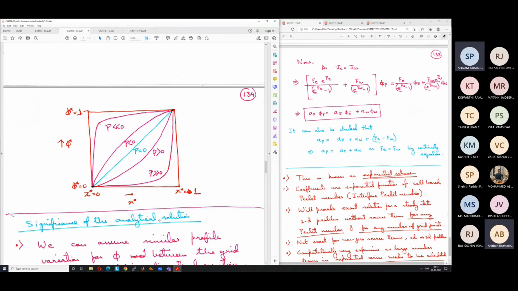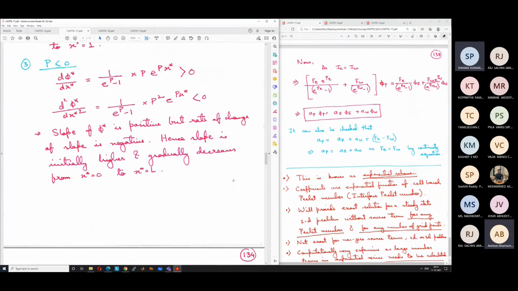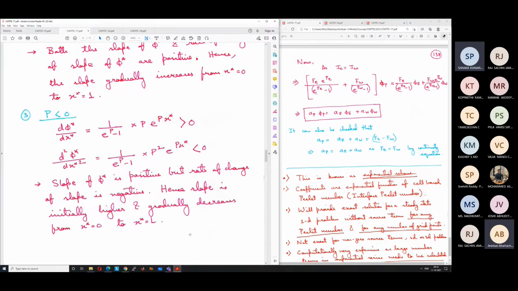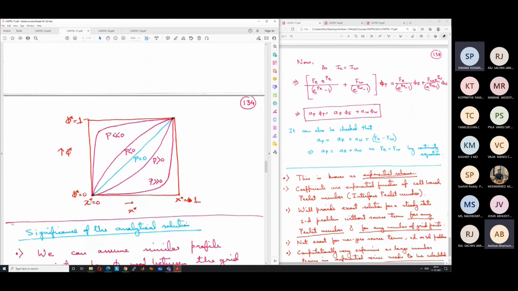Phi star is equal to e to the power p x star minus 1 by e to the power p minus 1. So this is the variation of phi star with x star, which is an exponential variation. For p equal to 0, the exponential gets reduced to a straight line. This is understandable, as we had discussed, because for p equal to 0, there is no flow. So it's a diffusion only problem.